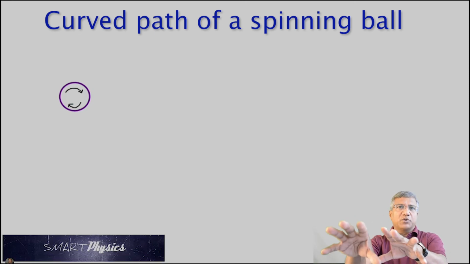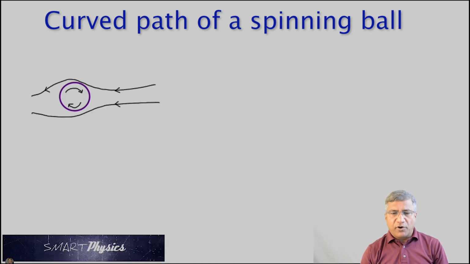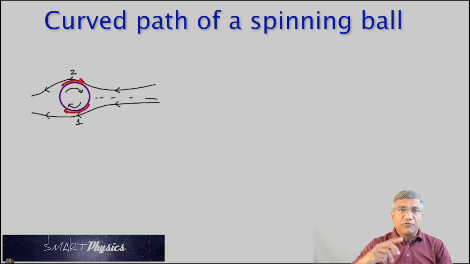But the forward motion of the ball makes the air flow above the ball and below the ball, while the spin motion of the ball makes the air flow in the same direction.